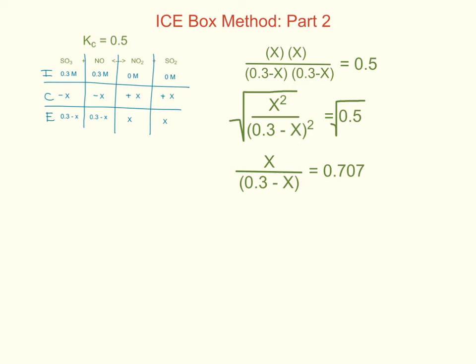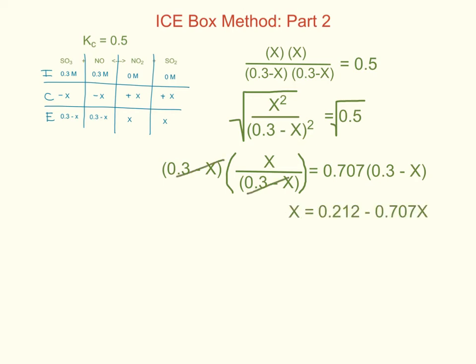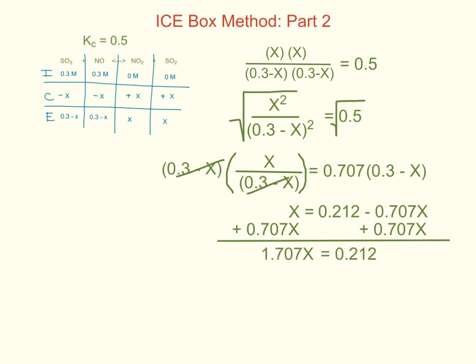And then I'll multiply both sides by 0.3 minus x. Don't forget to distribute on the right side of the equation. So I'm left with x equals 0.212 minus 0.707x. Add 0.707x to both sides to get 1.707x equals 0.212, and then simply solve for x.